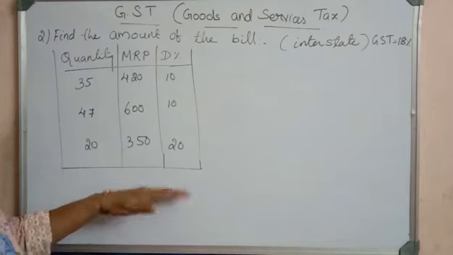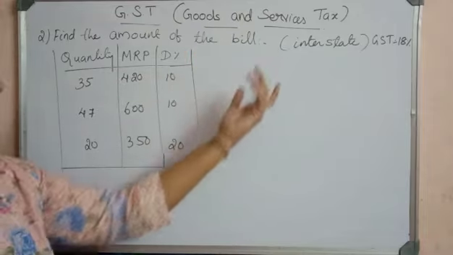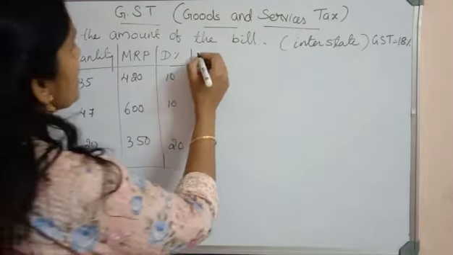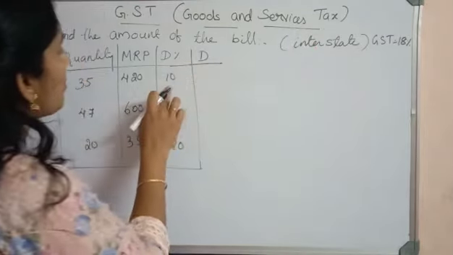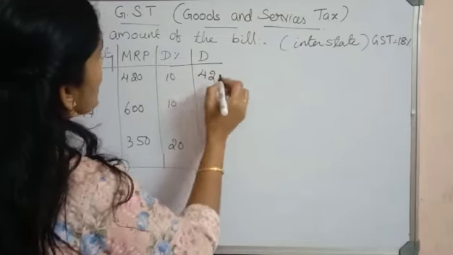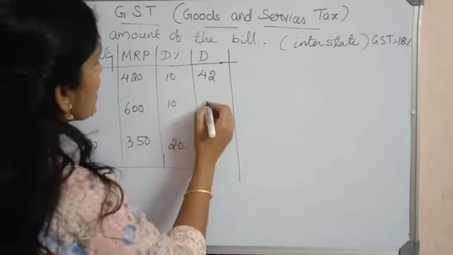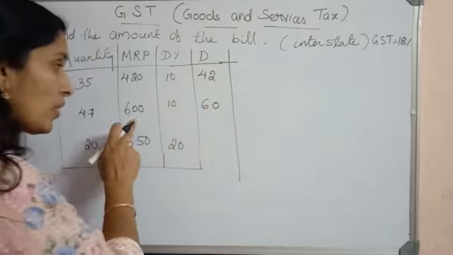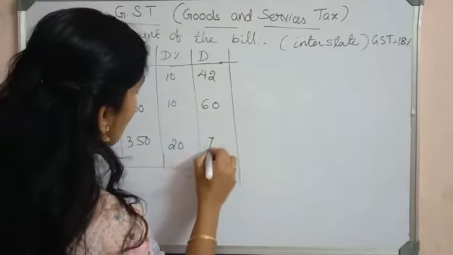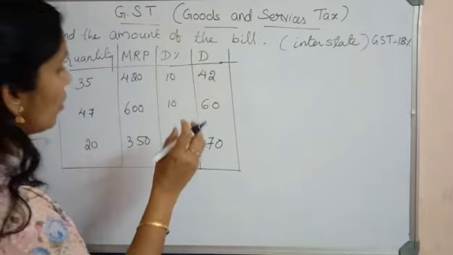So in this case, we have to calculate the discount offered for each item, the selling price, and the total selling price. Here the discount is 10 percent of 420, that is 42 rupees for each object. Here it is 60 rupees, 10 percent of 600 is 60, and 20 percent of 350 is 70 rupees. So this is the discount for each object.